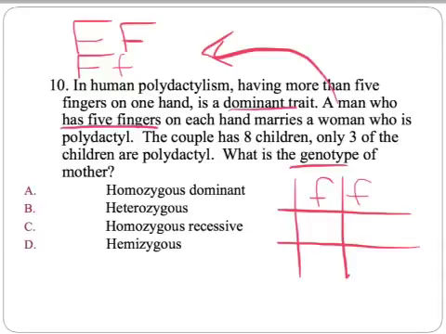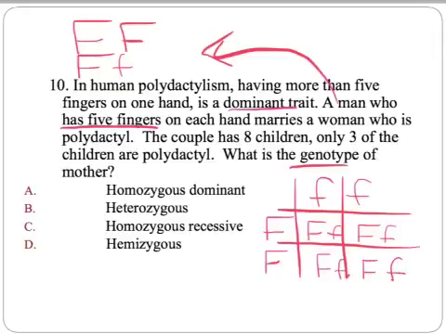Okay. So you can think about this logically and assume that if her children, only 3 are polydactyl, then she can't be homozygous dominant. Because if she was homozygous dominant, all her children would be polydactyl. Okay? So she cannot be homo.